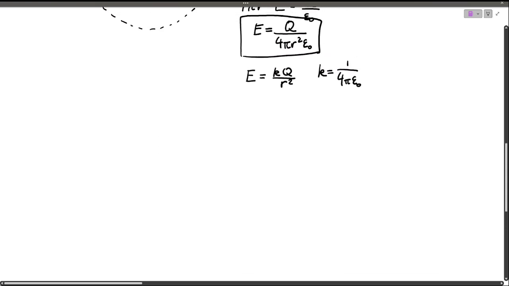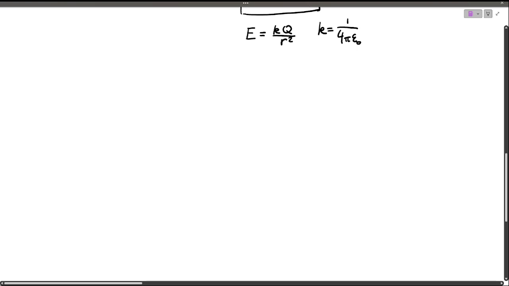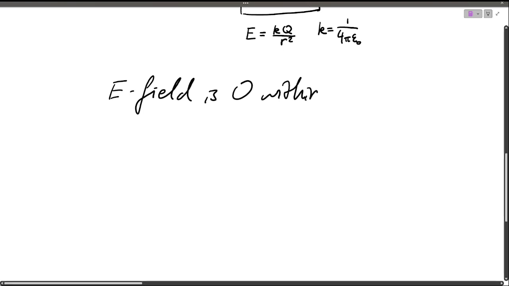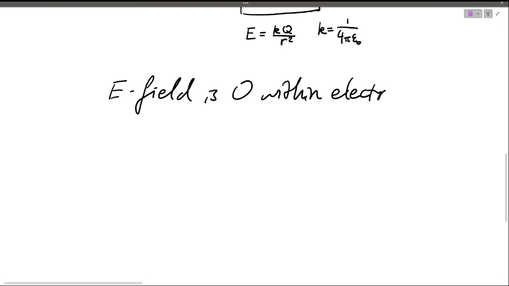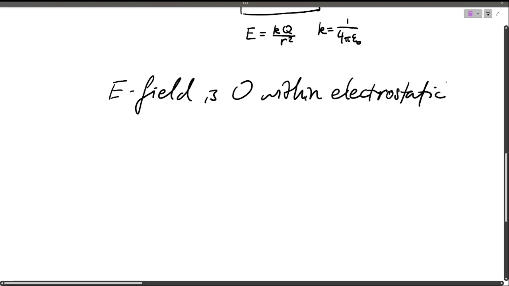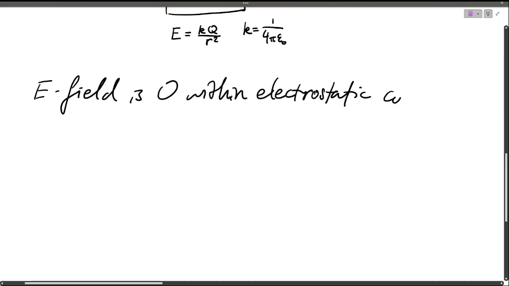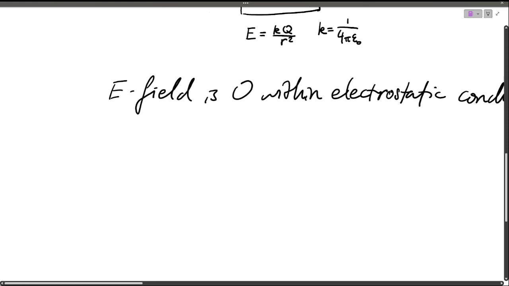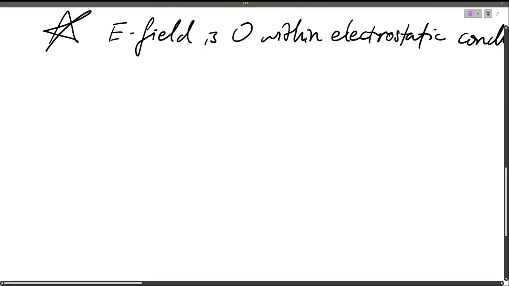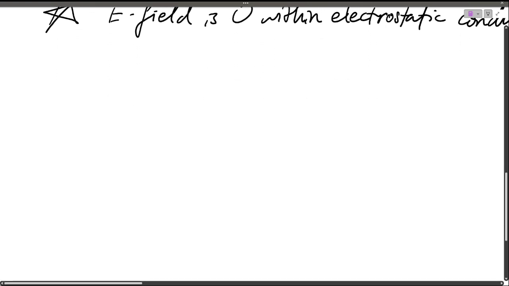So when you combine this property, that is that E field is zero within an electrostatic conductor, with Gauss's law, you can do some cool things. So let's take the classic example of a coaxial cable, which is just two concentric charged cylinders.